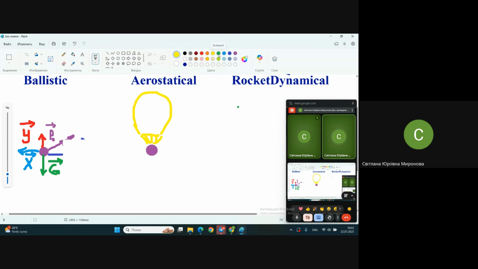And to start once again, first we have gravity. Each time we have gravity. Second, we should have lift. Lift actually, in this case, is the buoyancy force. What it depends on, let's see in some seconds.